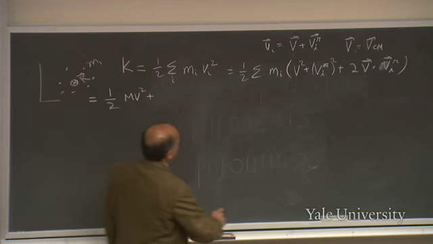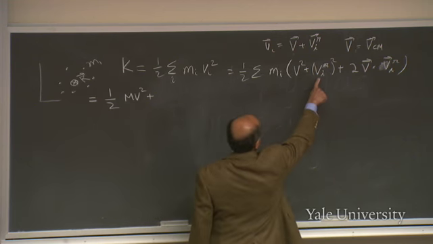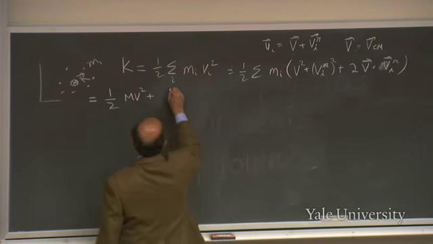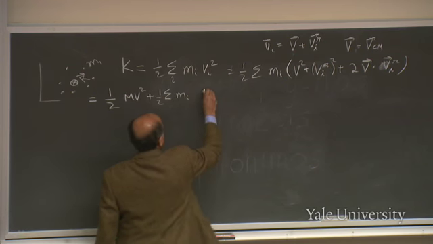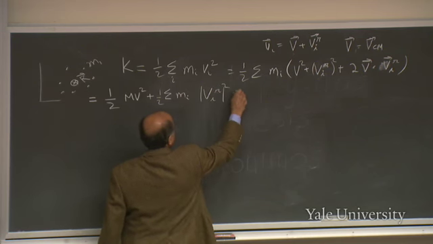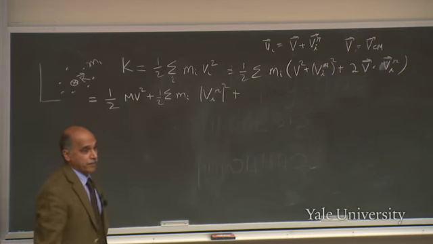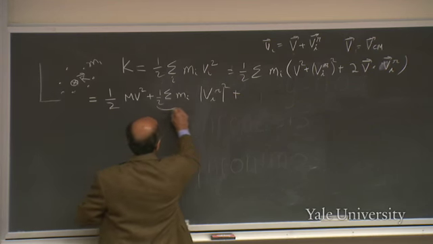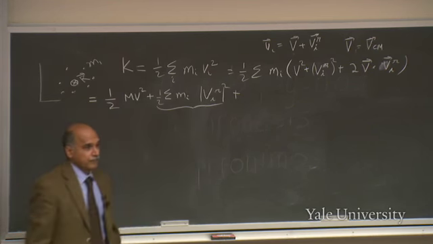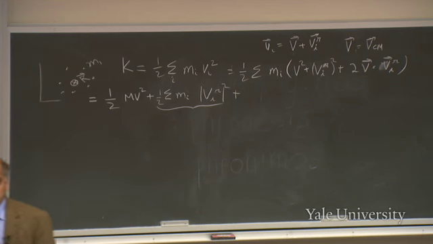Then let me take this term. This is sum of mi vi relative squared. What is that? You guys should think about what this quantity stands for. Can you tell me what it stands for? Yeah.